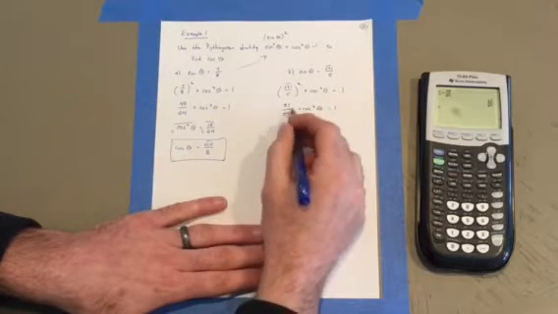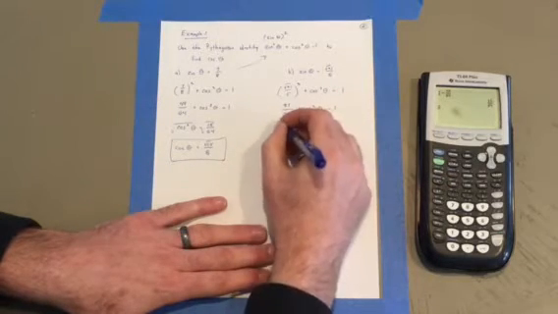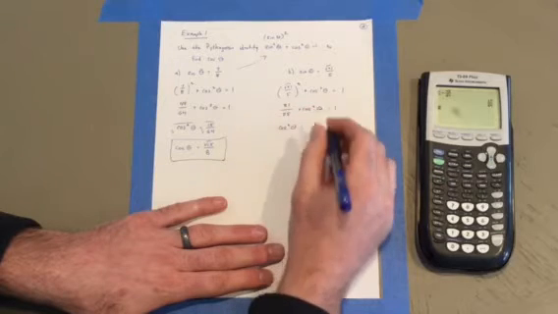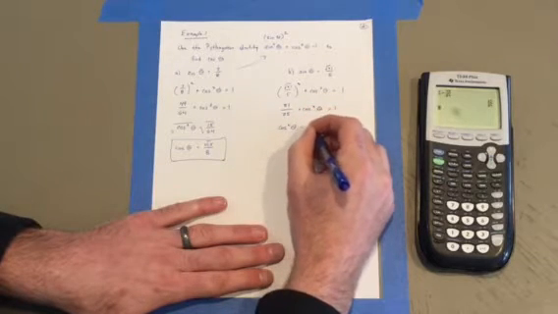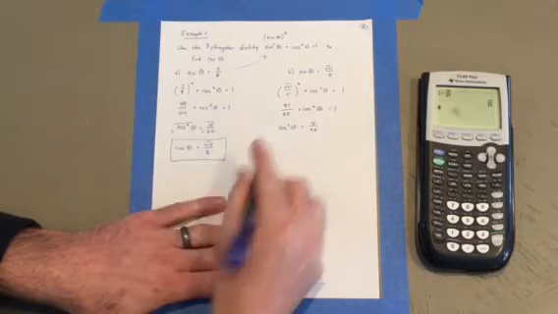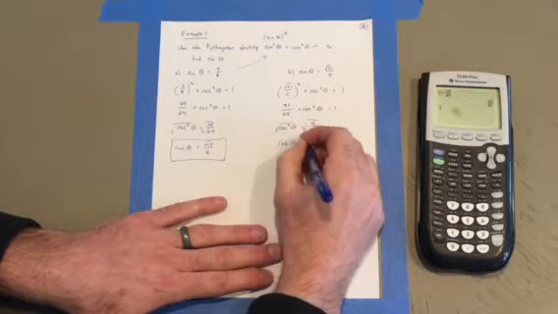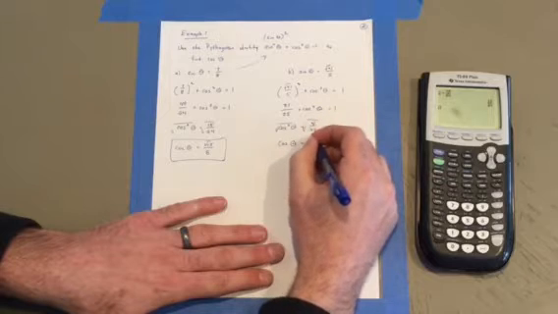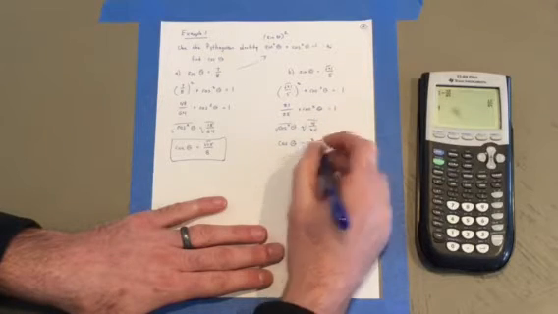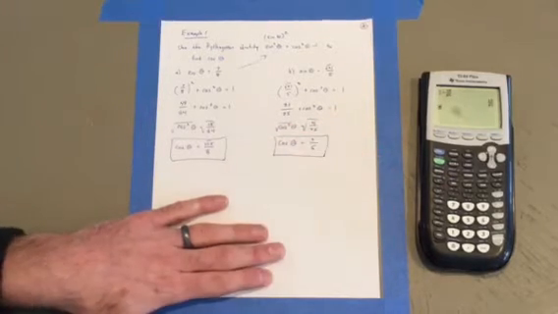Now if I subtract 21 over 25, cosine squared theta equals 4 over 25. Get rid of my square: square root of 4 is 2, square root of 25 is 5. Cosine theta equals 2/5.